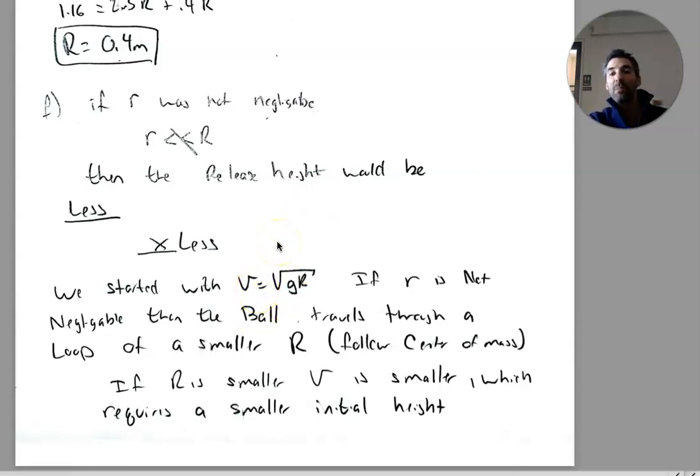So if r was not much smaller than big R, in other words, if r was not negligible, then the release height would have to be less. So if I started with v equals the square root of g times r, which we know, if r is not negligible, then the ball is not going to go as fast. If r is smaller, v is going to be smaller. Thus, it will require a smaller height. That's all I have for you.